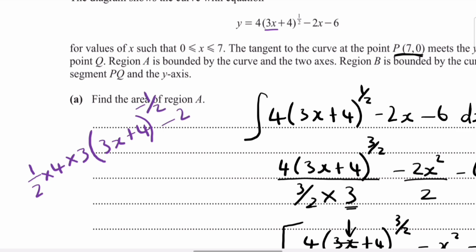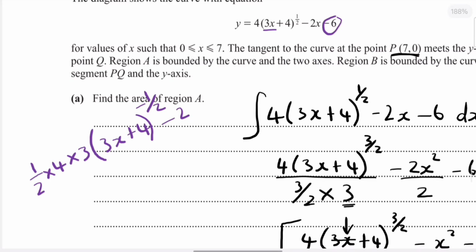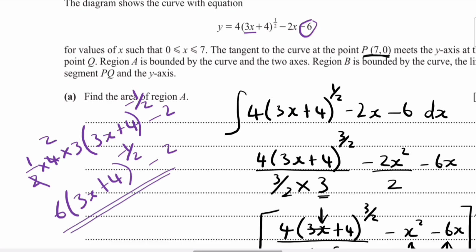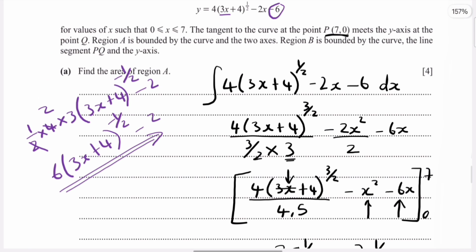Then that will give us minus 2, and differentiating a constant will give us 0. So this is what we get. Simplifying it, we get 6 times (3x plus 4) to the power minus half, minus 2 as our expression for dy over dx.